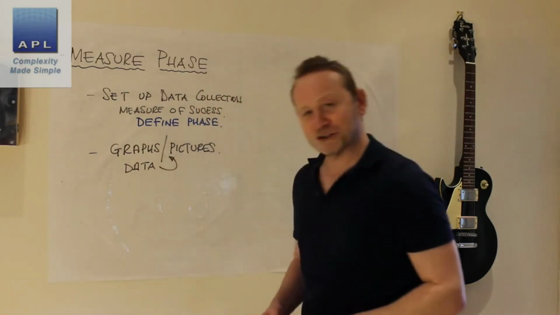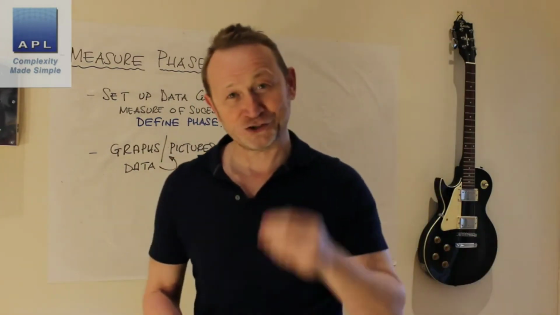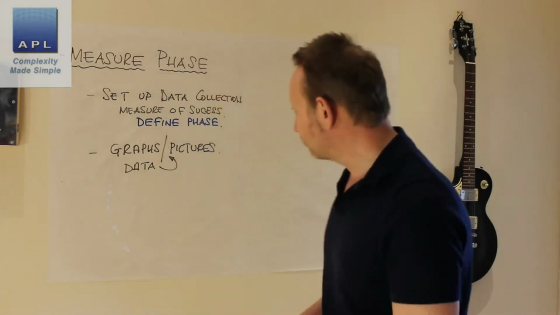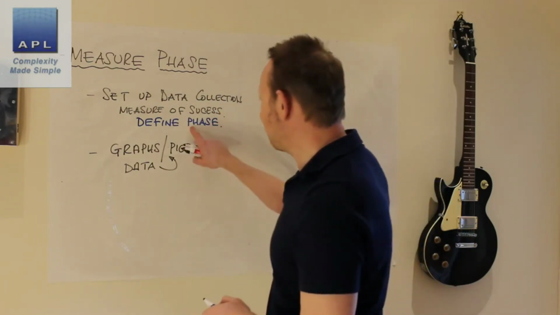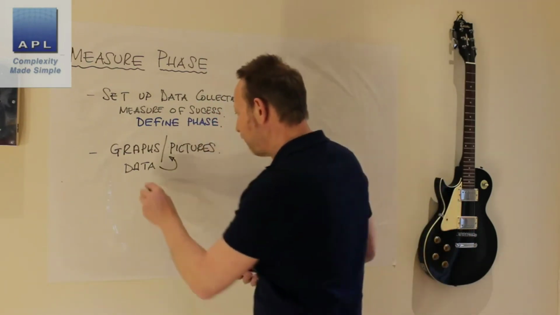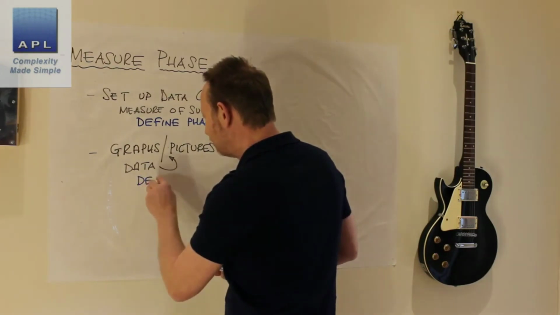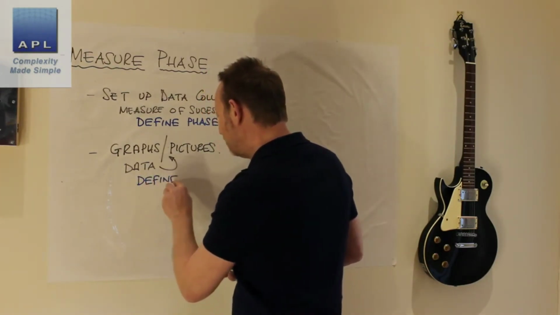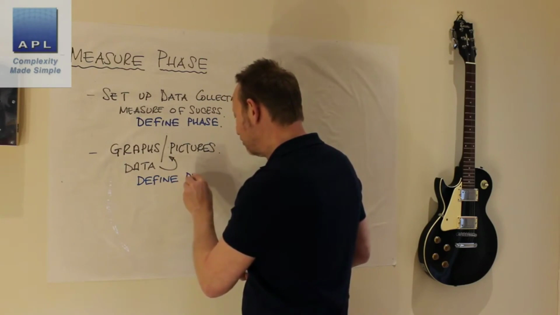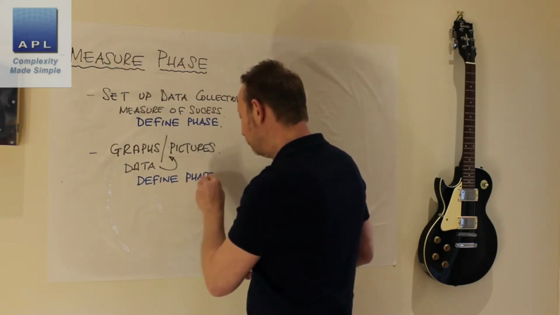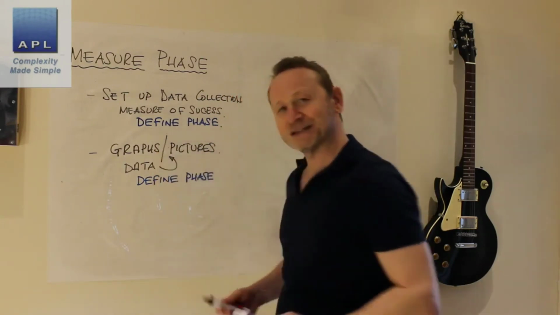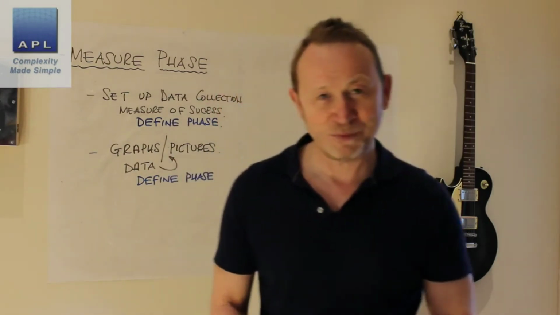And of course what we want to do, turn this into pictures. Let's make it visual so we can see what's going on. Again, this may have happened in the define phase because you want to see whether you have a problem with signal or noise. Only way to see that is with some pictures.